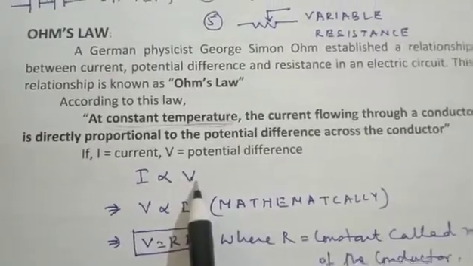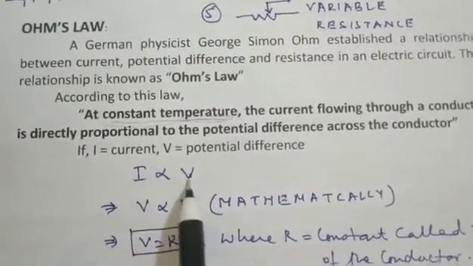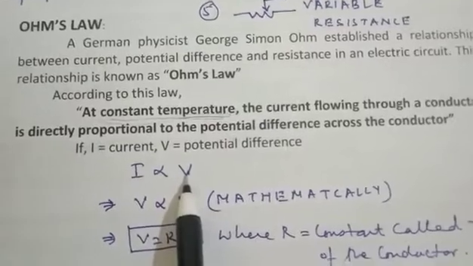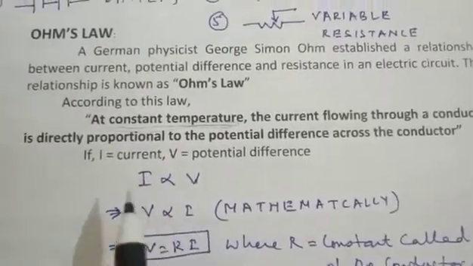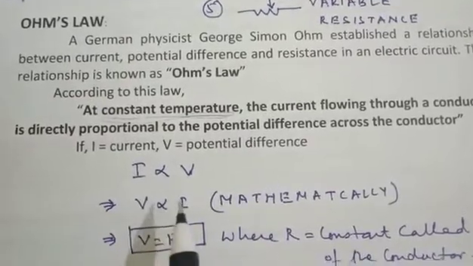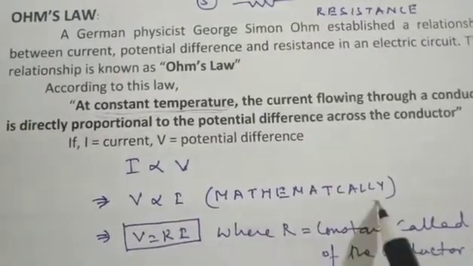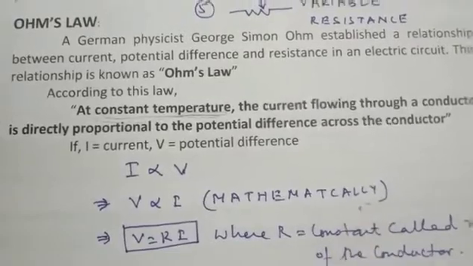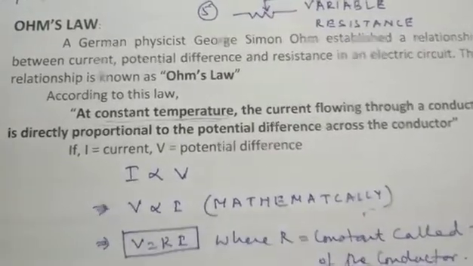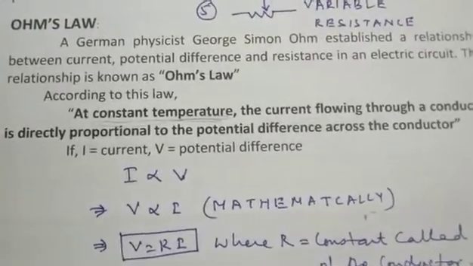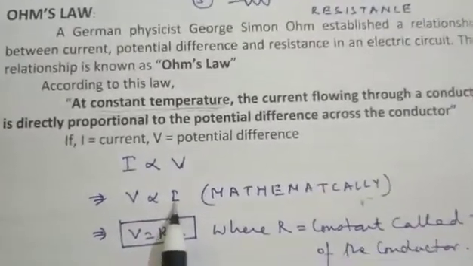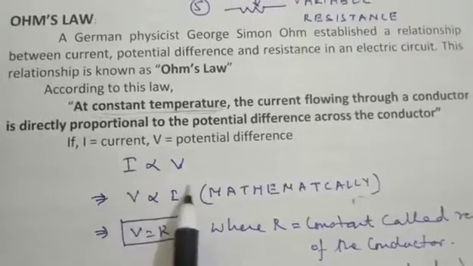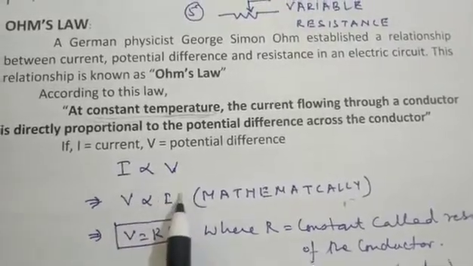In mathematics, I and V are considered variables, and so I can say that V is proportional to I. This relationship is the mathematical relationship of Ohm's law, where I and V are two variables.